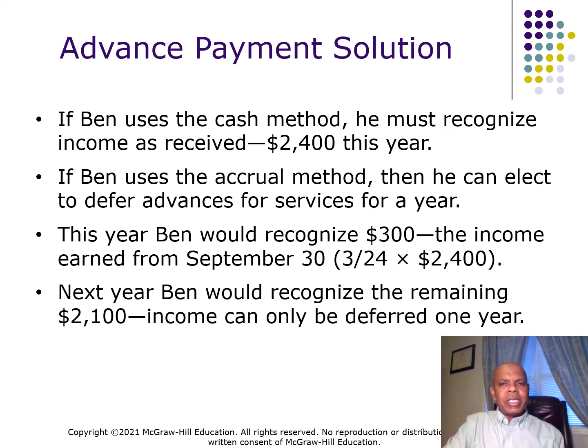September, October, November, December. So $2,400 for 2 years, you can recognize only 3 months worth of income. Those 3 months are already earned, therefore you recognize that, and the rest you can defer until next year. Okay, $2,100 you're going to record the next year.